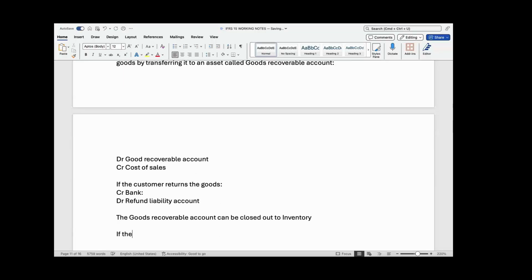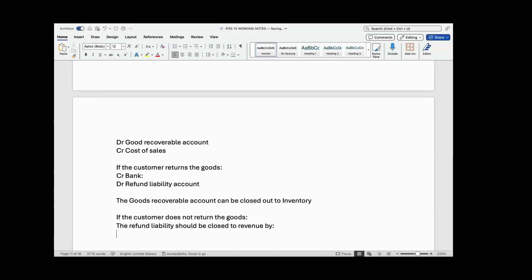However, if the customer does not return the goods, then the refund liability should be closed to revenue. You debit the refund liability, then you credit revenue.